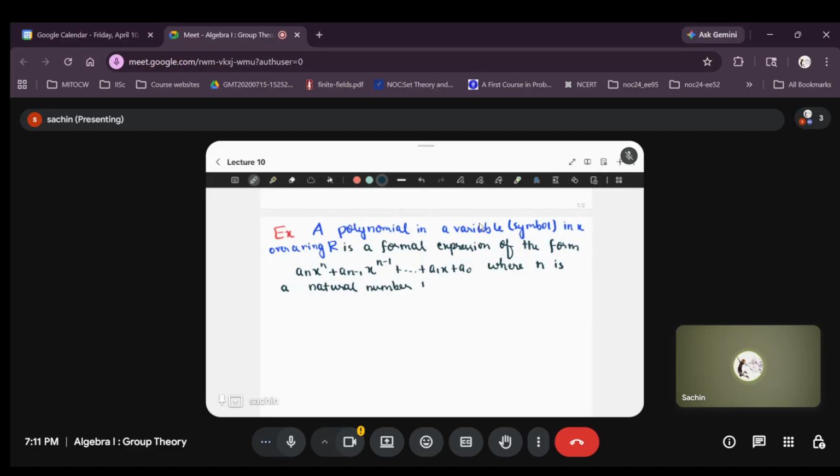These are all integer powers, and all these coefficients a n minus one, etc. They are members of this ring.